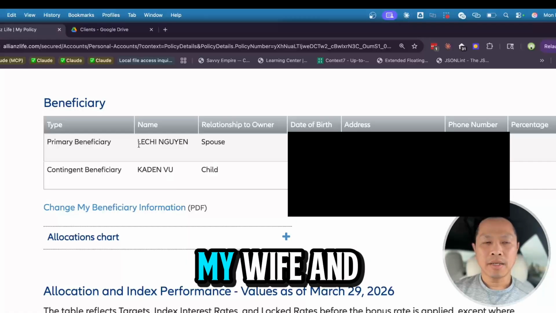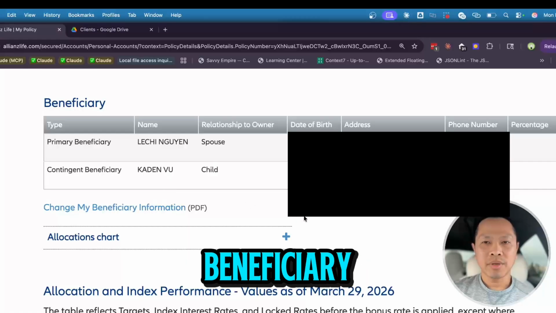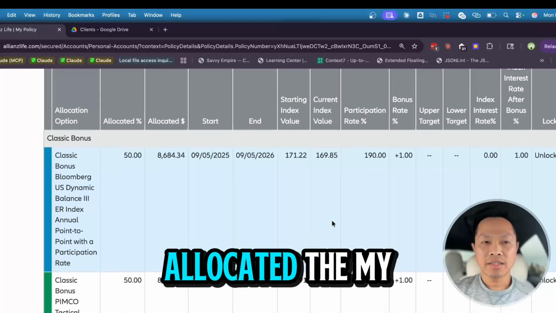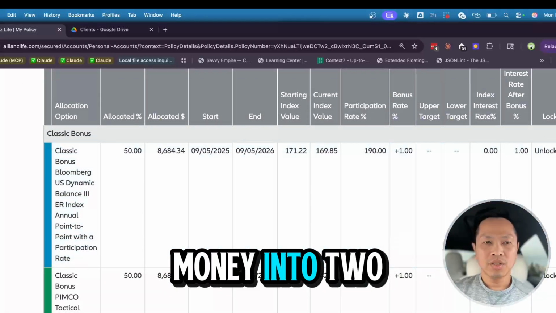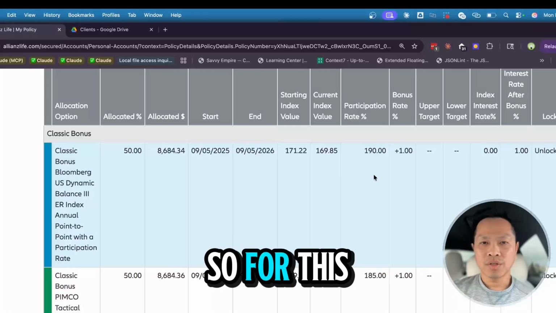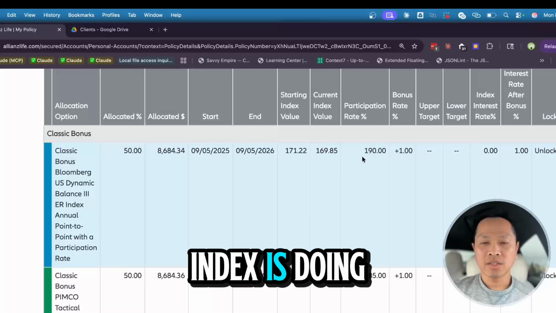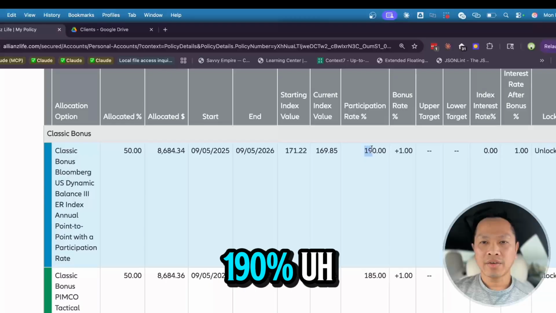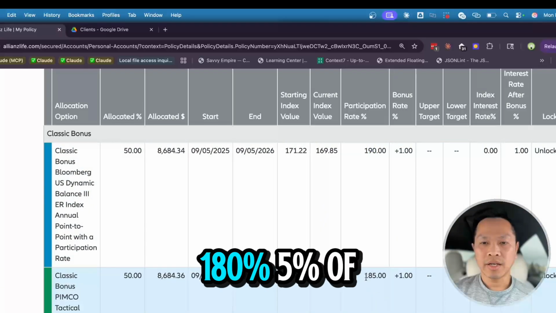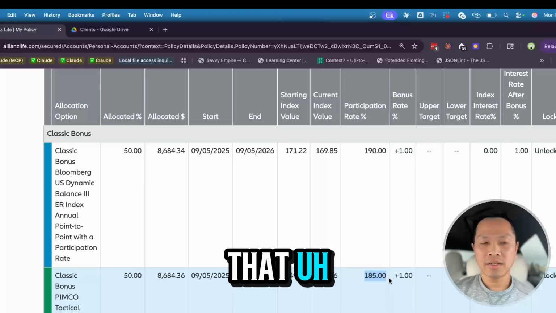My wife and kids are the beneficiaries, and I have allocated my money into 2 indexes, 50% and 50%. For this index, whatever the index is doing, I get 190% of that, and I get 180.5% of the other index.